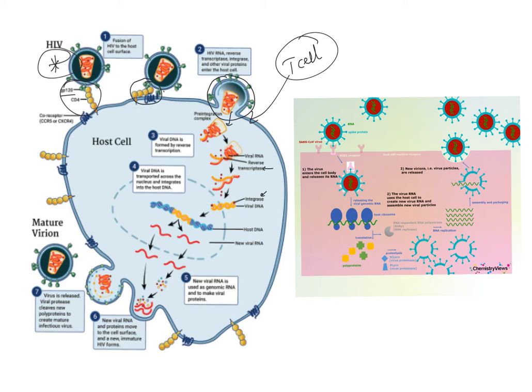But instead, reverse transcriptase, like its name suggests, takes that RNA and reverse transcribes it into DNA. And with the help of some other proteins and a pretty amazing process, it can essentially convert that viral RNA into double-stranded DNA.